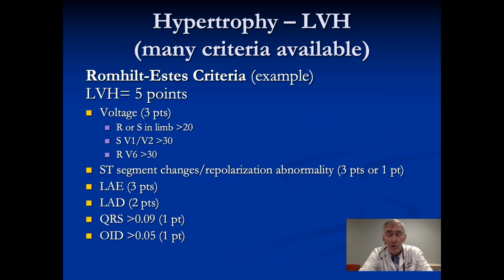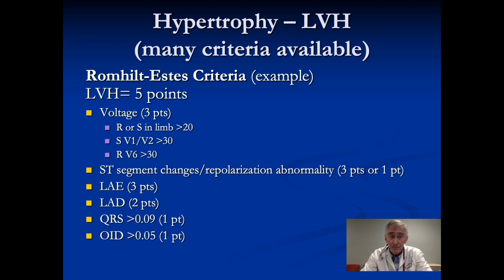Now, hypertrophy. There are lots of ways to look at hypertrophy and probably over 15 algorithms for it. But what I found is that there are 5 basic points that you look at with hypertrophy.